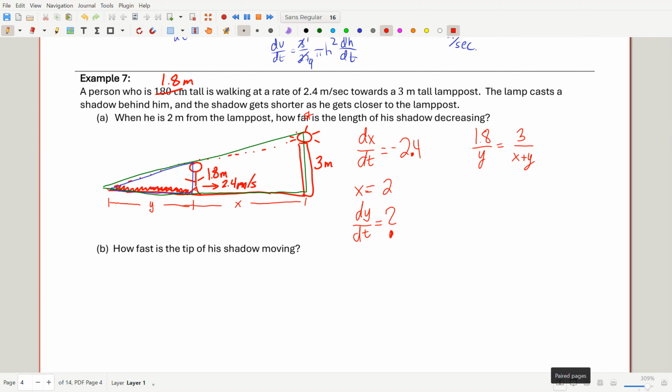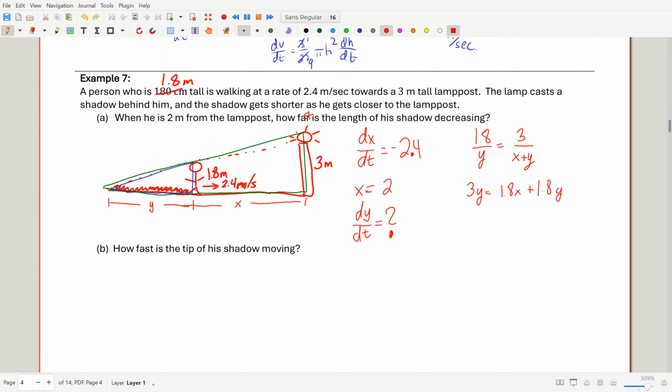Now, you don't want to differentiate that as is, because you'd end up with a lot of, not necessarily quotient rule, but you would still have negative variables and stuff like that. Cross multiply first. Get 3y equals 1.8x plus 1.8y, or 1.8 times the quantity x plus y. I think it's just easier to have it that way.